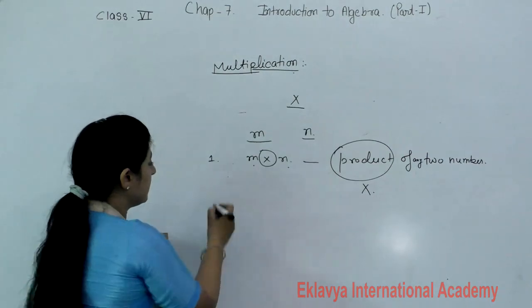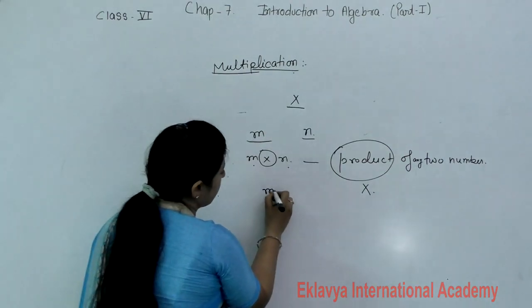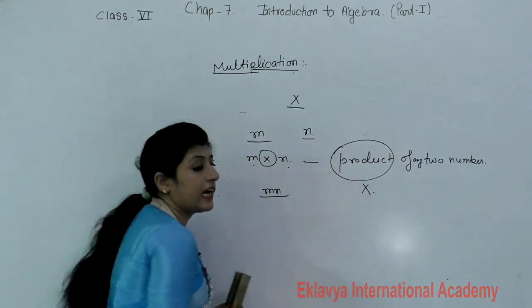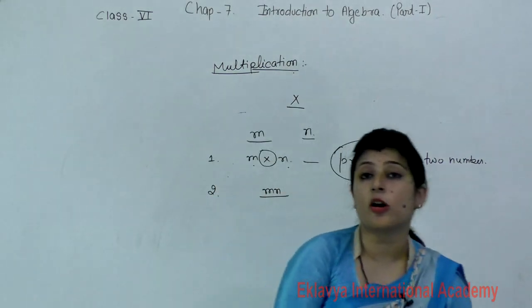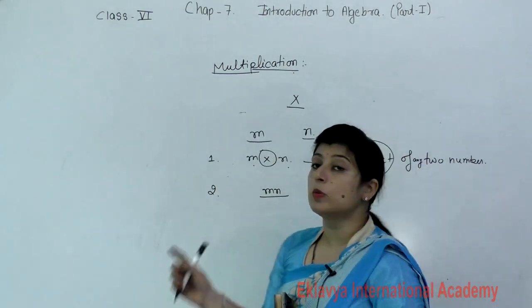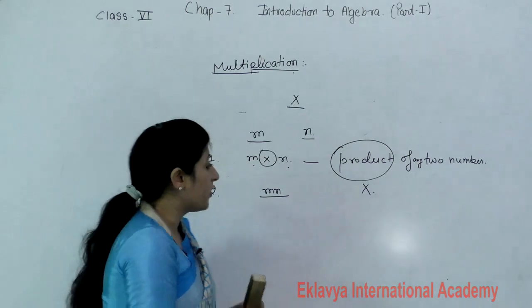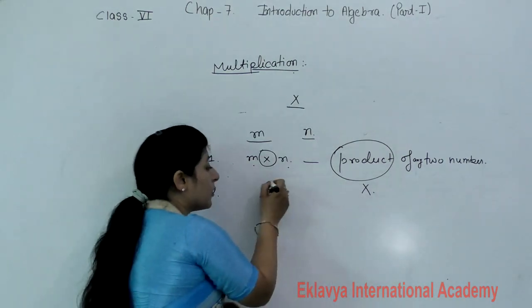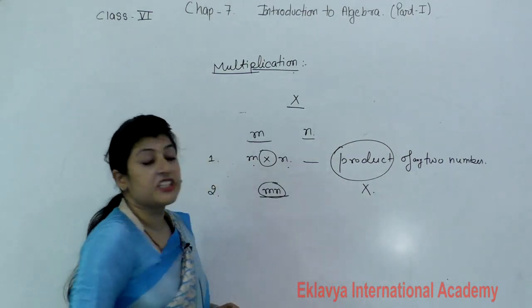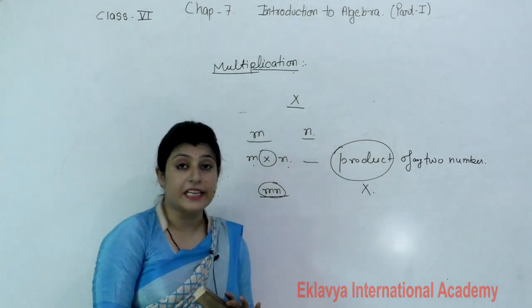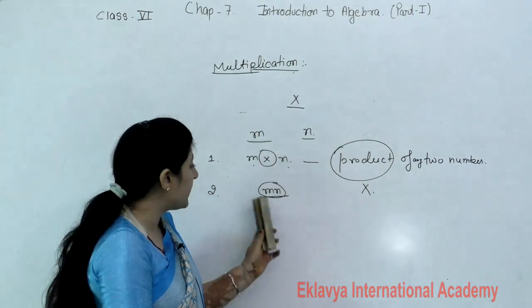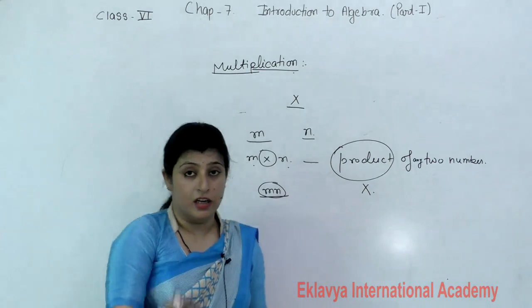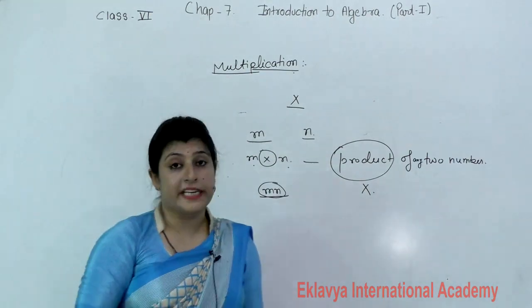Second method we can represent is mn. It means there is no operation between these two unknown variable. इन दोनों unknown variable के बीच में कोई भी sign नहीं है. Then also it is representing the multiplication.